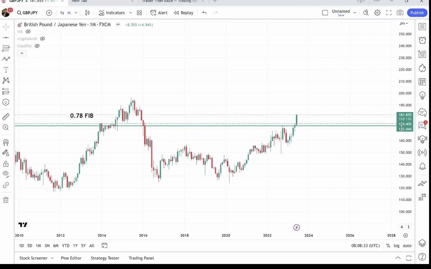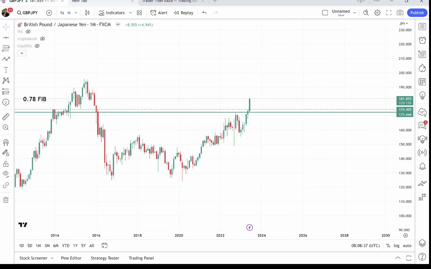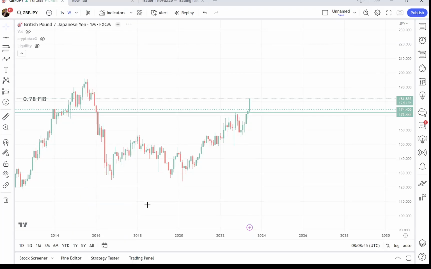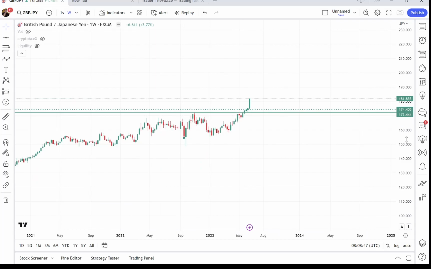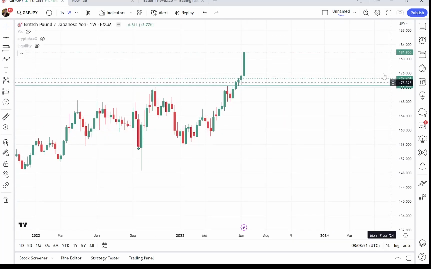So where could we be looking to buy back on this pair? Again, monthly charts, you've got this breakout area here. We want to really zoom into the weekly charts and see where we could possibly get in, buy back in this position.